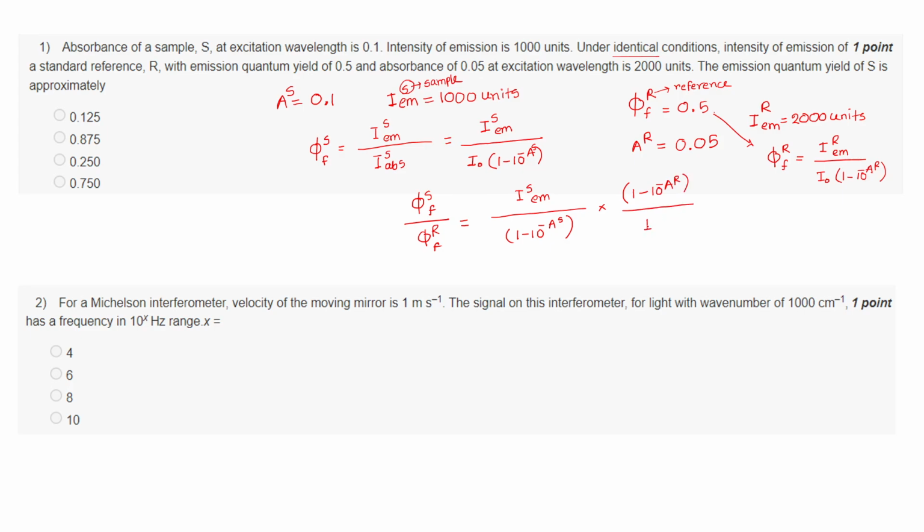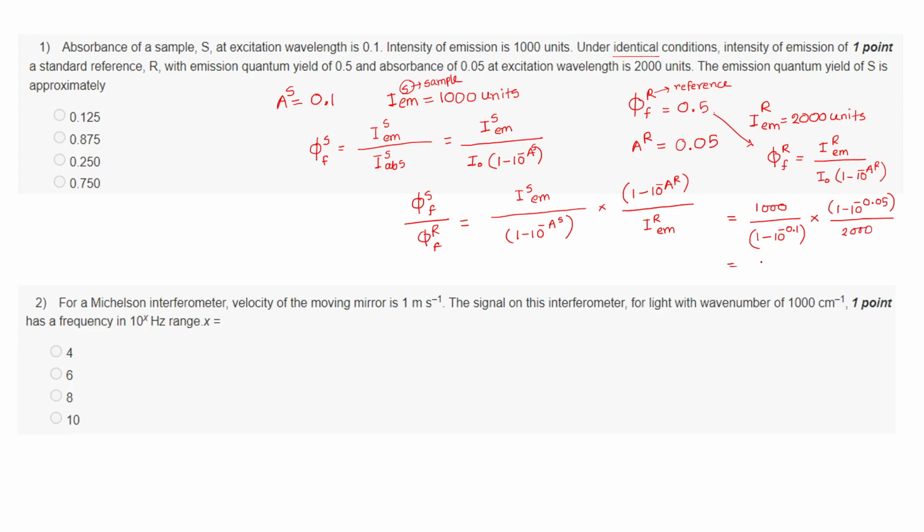by I, intensity emitted from the reference, right? So eventually all the things are given right now. So 1000 by 1 minus 10 to the power minus 0.1, 1 minus 10 to the power minus 0.05, by 2000, right?